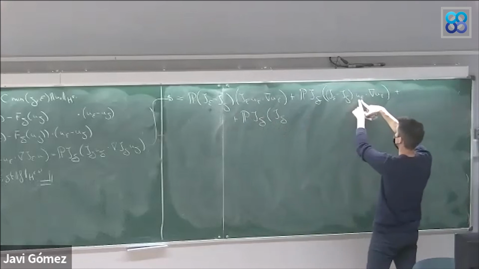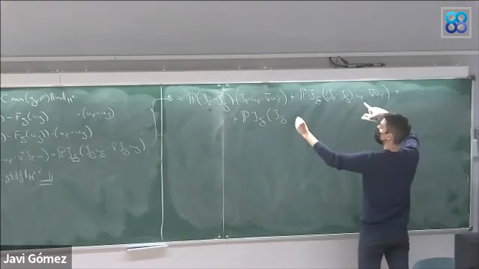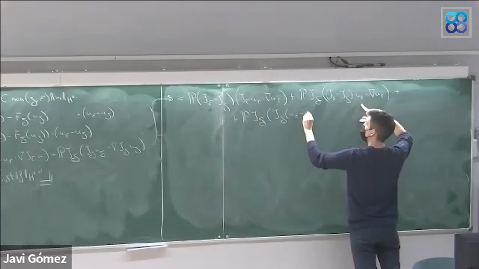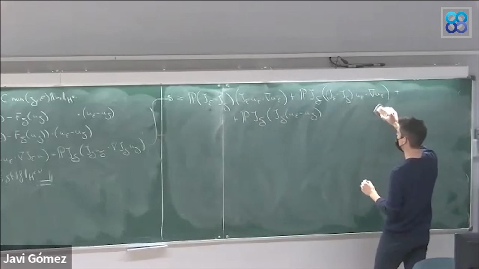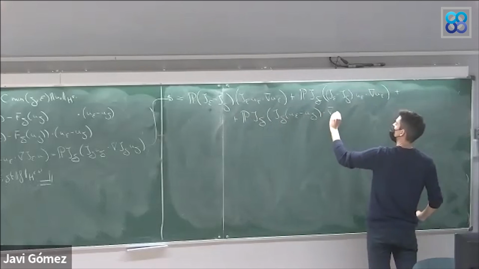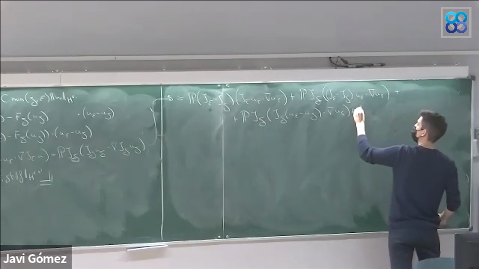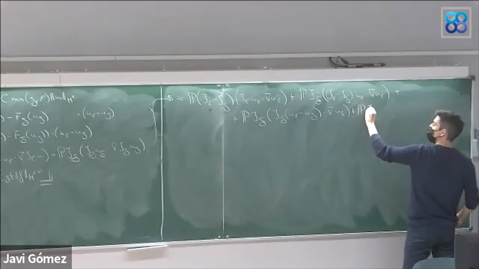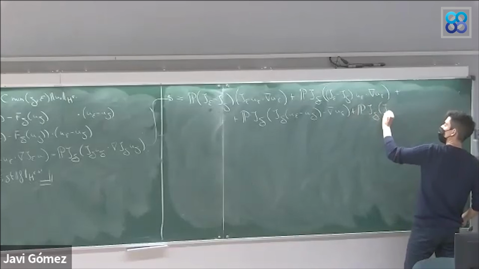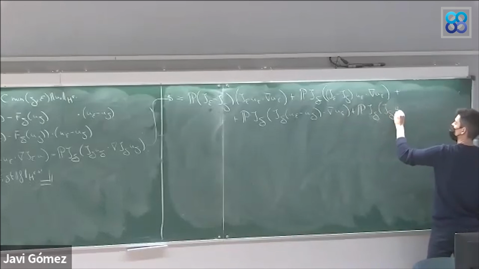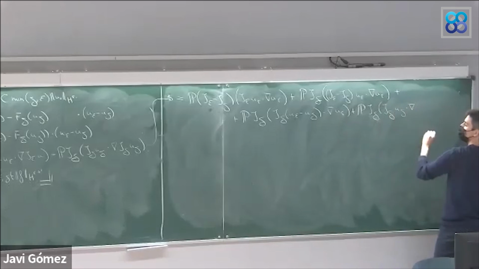Now I do the difference between U epsilon and U delta. This one, U delta times.